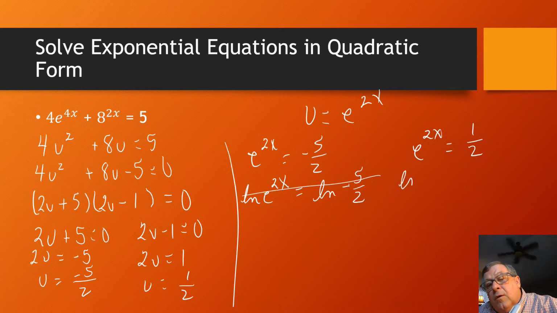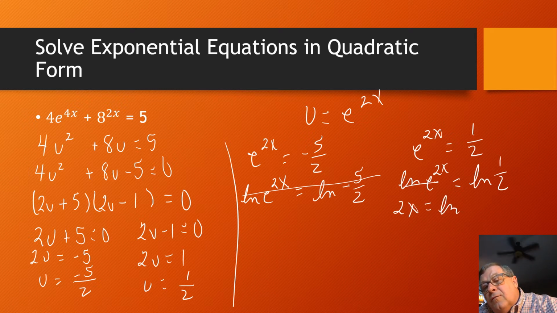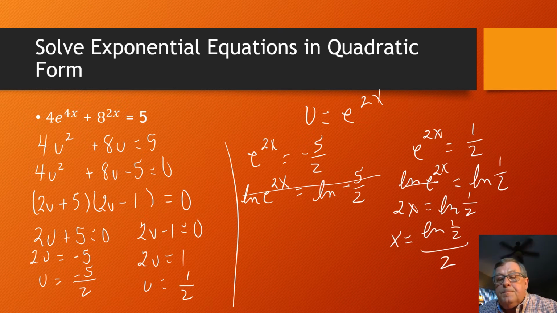Let's take the natural log of both sides. So my natural base and the natural log cancel out. Then I've got 2x equals ln of 1/2, so that x is equal to ln of 1/2 divided by 2.